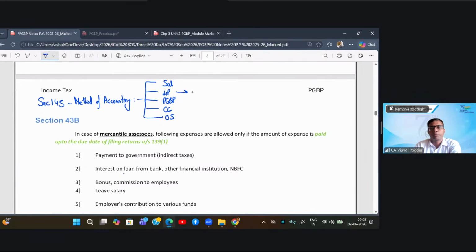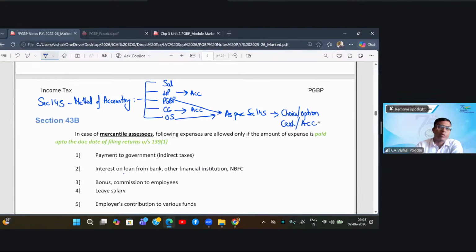So for HP and for CG, it is accrual only. For PGBP and OS, as per section 145, you are given choice or option. You can either select cash or you can select mercantile, that is the accrual method.